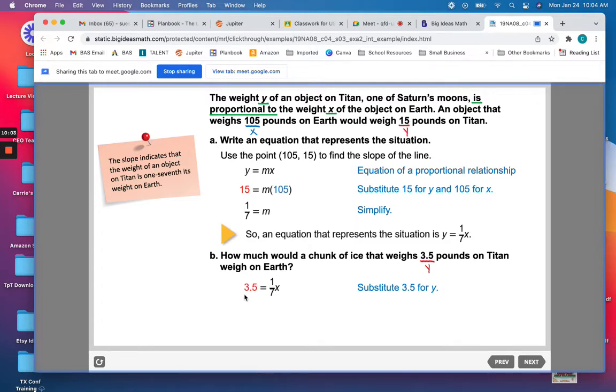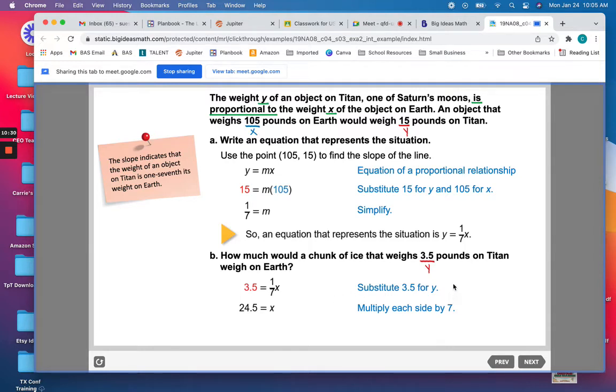So you have 3.5 divided by 1/7. When it's a fraction, you actually flip it and multiply. Very good. So what is 3.5 times 7? 24.5. I knew that. Excelente. 24.5. Okay, now this is a word problem, so what do I label it?